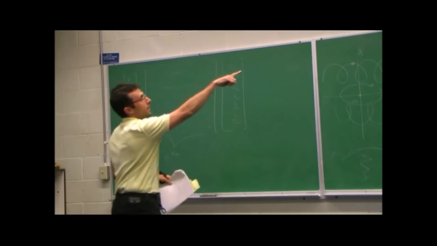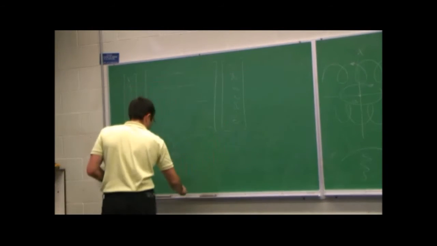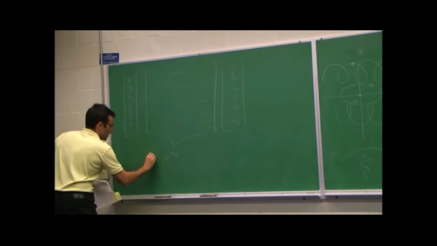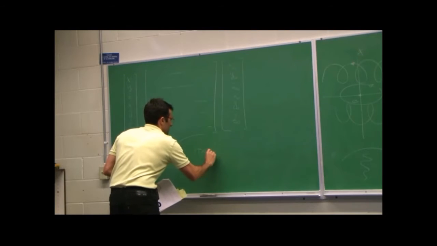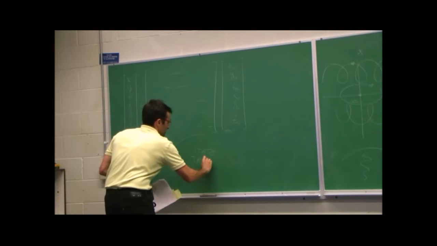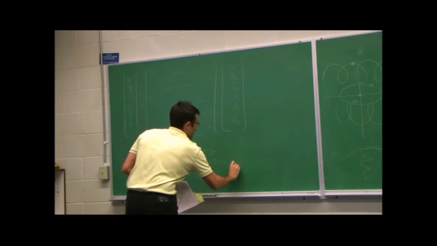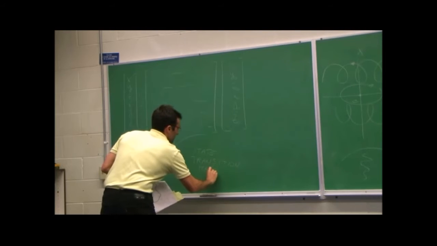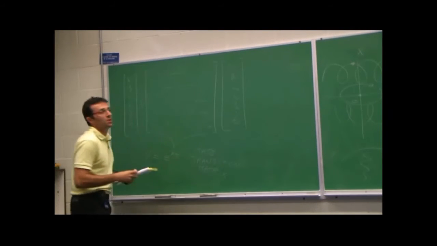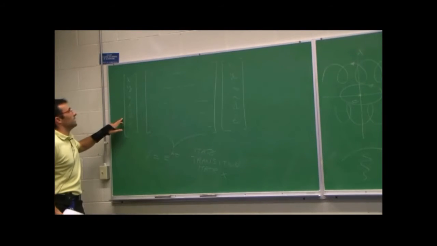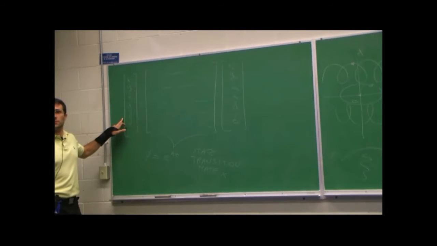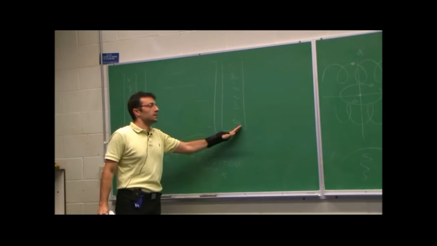I'm calling this phi, and it's called the state transition matrix. It's what transitions your state from a certain time to another time. Make sense? You give me the state at time 0.